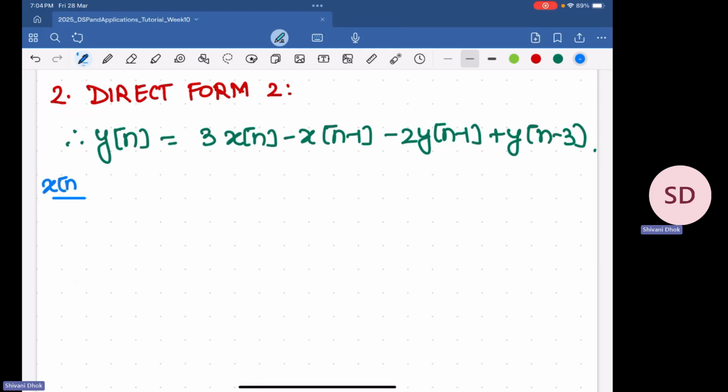X of n is here. Then bring it to this point. Then we have z inverse. Then this gets scaled by -2, and this then gets added here.